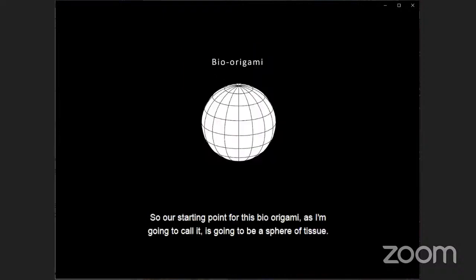So our starting point for this bioorigami, as I'm going to call it, is going to be a sphere of tissue. You can think of it as a sphere of cells collected together. And this tissue, the first problem we're going to have is to generate our sheet, because origami starts with a sheet, but in bioorigami, we're going to have to somehow generate that sheet to begin with. So how might we do that?